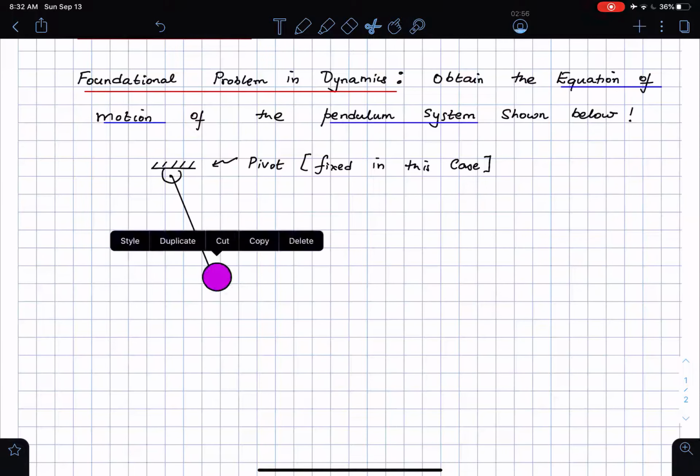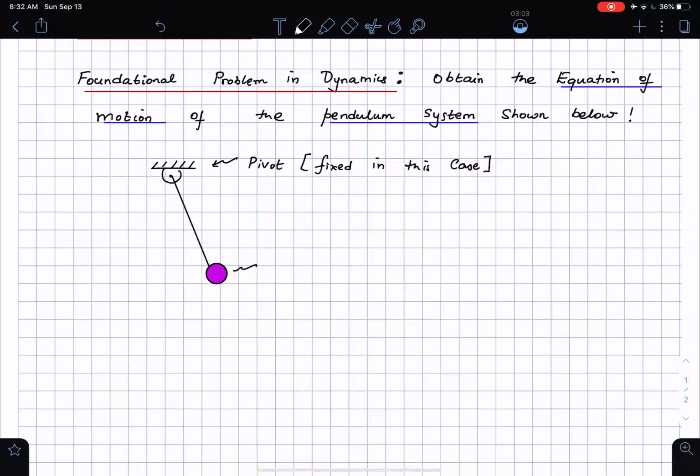I want to make it slightly larger, but not too large to make it a rigid body. This is called the bob of the pendulum. This is the length L of the string of the pendulum.